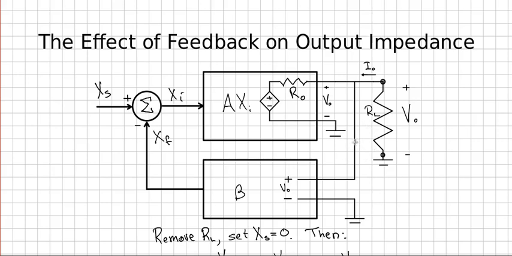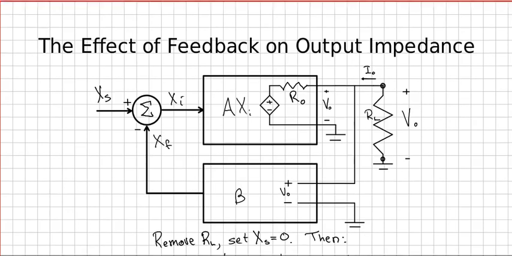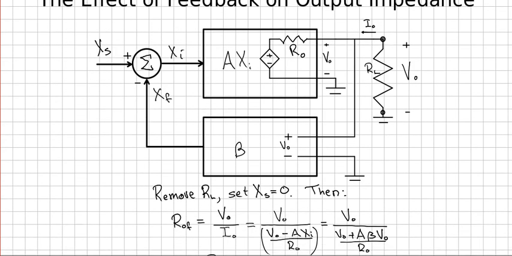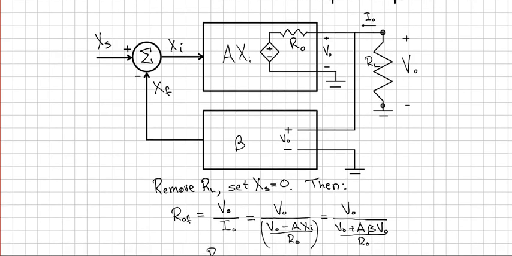To measure the output resistance over here, we remove the load resistor and replace it with a voltage source. We also have to set XS equal to 0. So if we do that, we end up with this equation, which we can write for the output resistance.